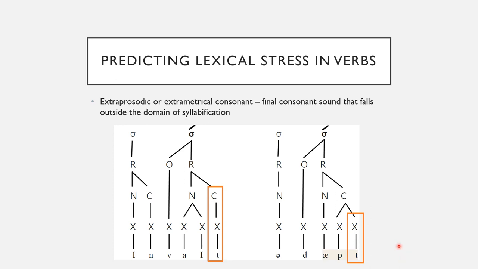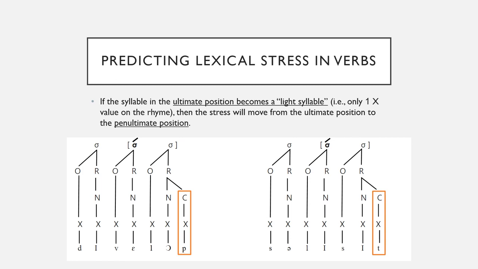Therefore, the stress is assigned on the ultimate position. Now, if the syllable in the ultimate position becomes a light syllable, for instance, if there's only one X value on the rhyme, then the stress will move from the ultimate position to the penultimate position.